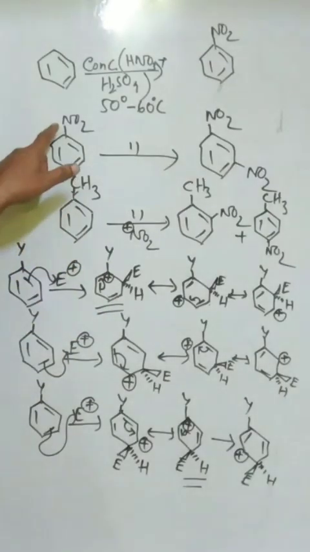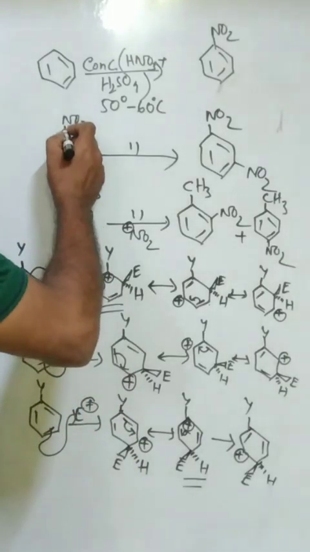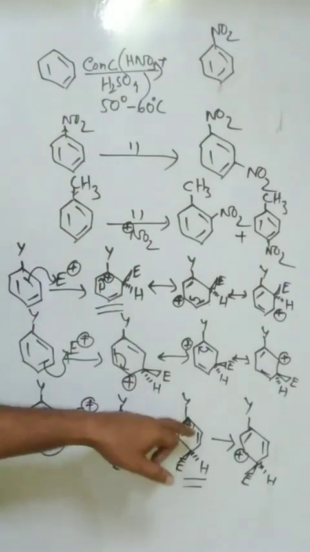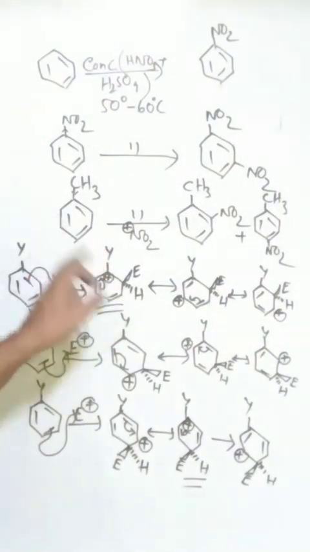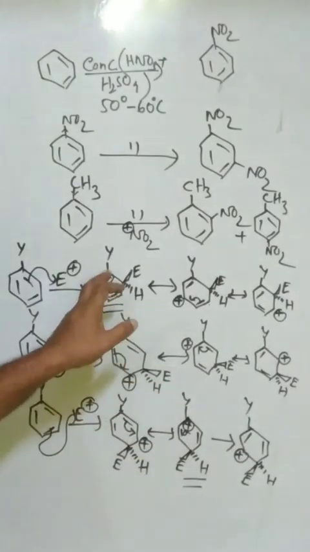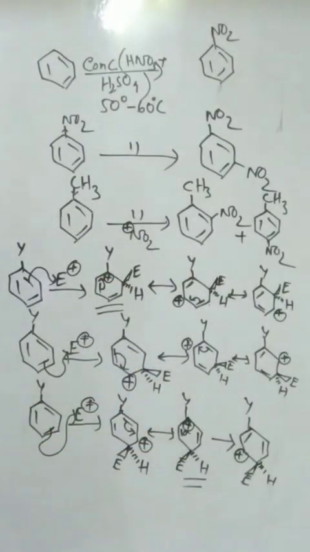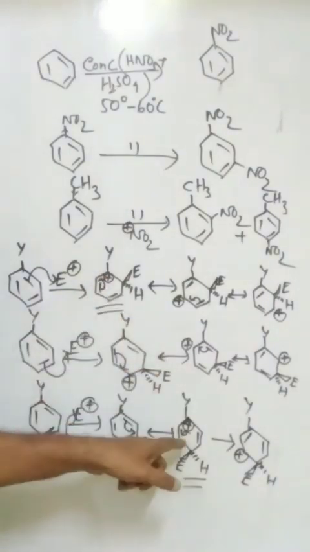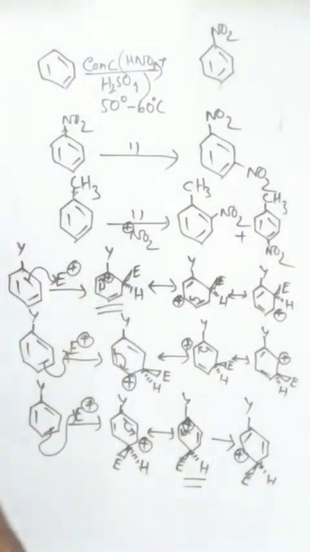You know the NO2 group has a minus I inductive effect, that is, a bond pair electron pulling effect. If it withdraws the bond pair electrons towards itself, it makes this carbon electron deficient. So where the carbon is carrying a positive charge and Y has a minus I inductive effect, it will destabilize these two resonating structures by withdrawing electrons from a carbon which is already electron deficient. So that will make these two resonating structures very unstable.